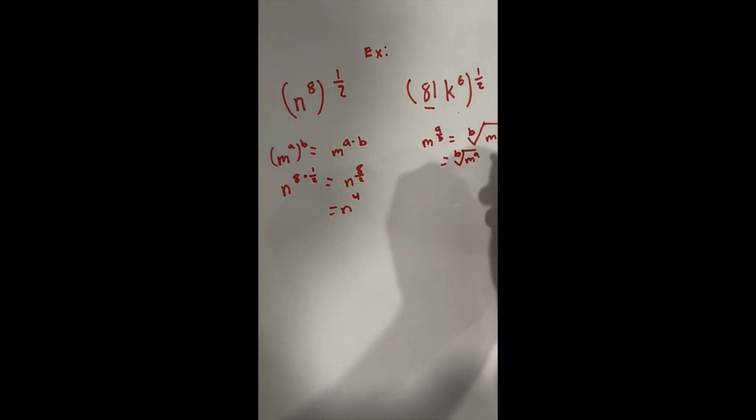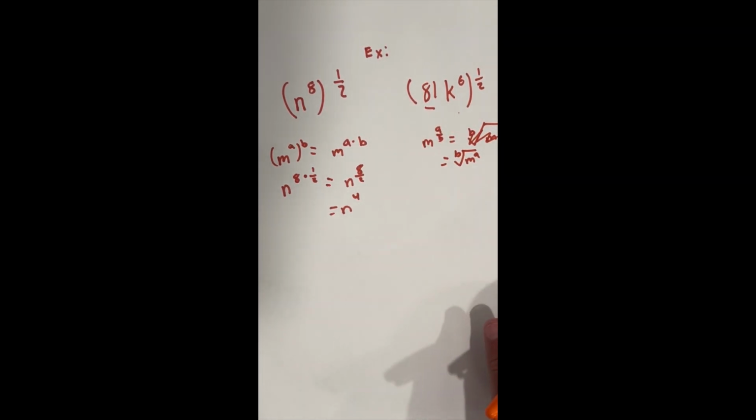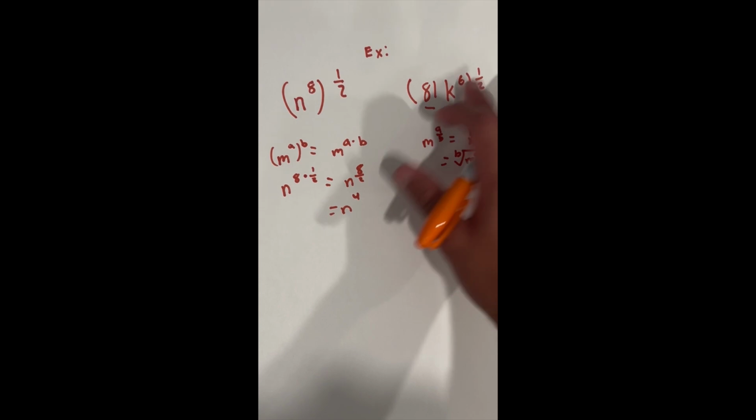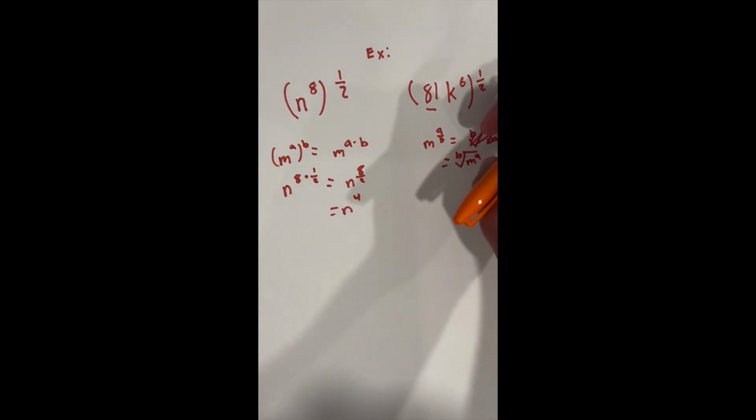So if we're treating the two parts of the expression separately, we're going to have 81 to the power of 1/2. Now, remembering our rule of fractional exponents, the 1/2 is going to be the same thing as root 2 of 81.